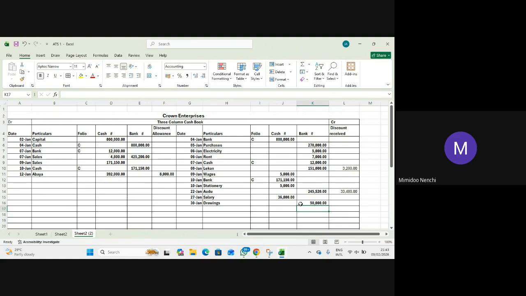Received from customer Chukwu 784,000 check and allowed discount 16,000. We received 784,000 naira cheque from Chukwu, and then we now allow 16,000 naira discount. So how do we treat?